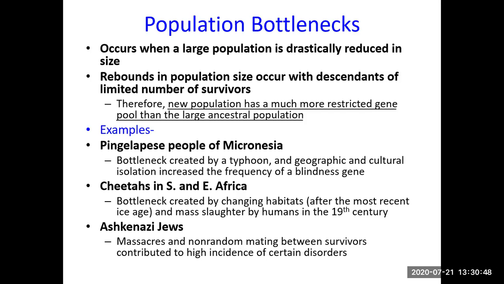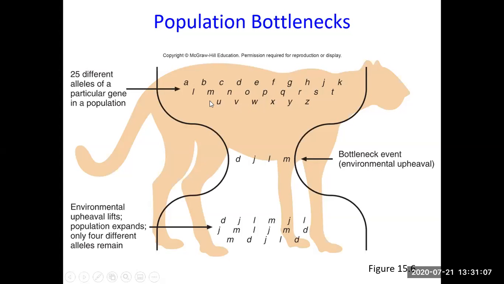Another example of genetic drift is a population bottleneck. These are very similar, and sometimes the definitions overlap. A population bottleneck occurs when a large population is drastically reduced in size, for man-made or natural reasons. Take this cheetah population. Originally the cheetah population had all of these alleles, different types of genes were present.